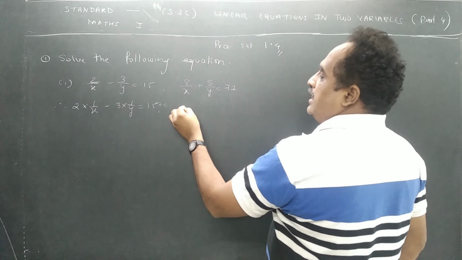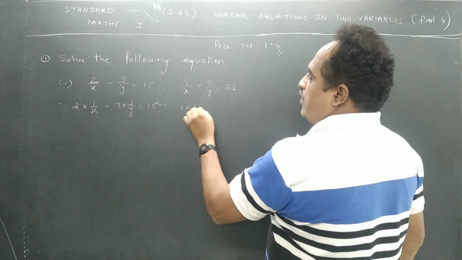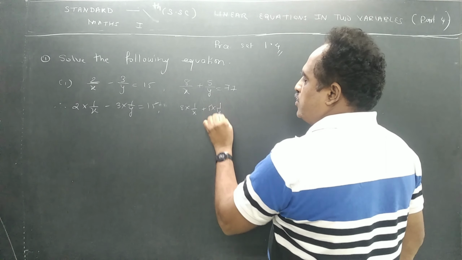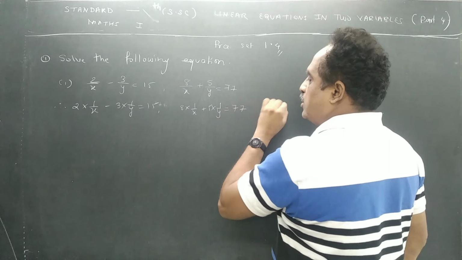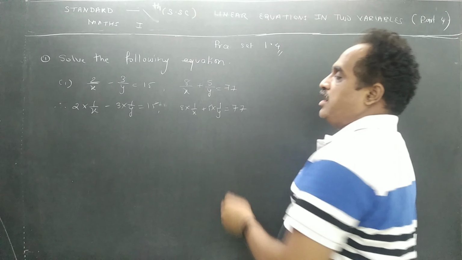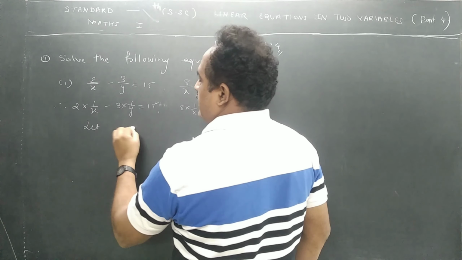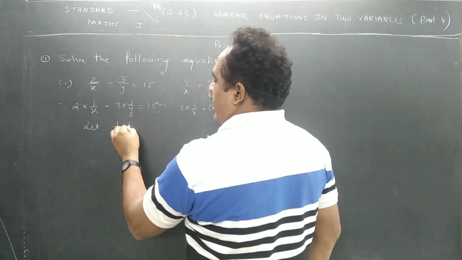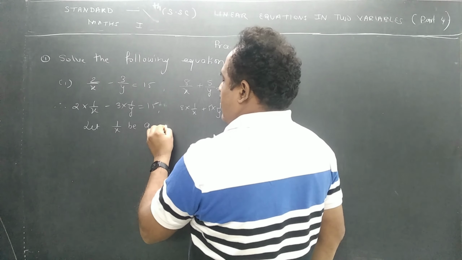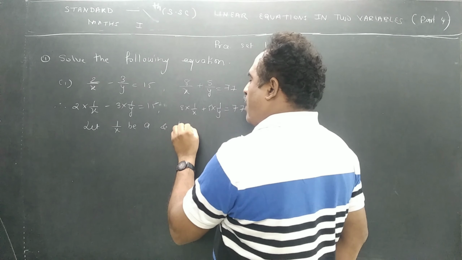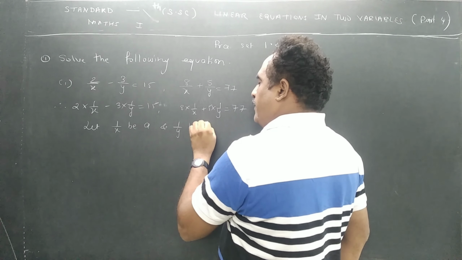Over here, 8 into 1 upon x plus 5 into 1 upon y is equal to 77. Now, we are having 1 upon x, 1 upon y, 1 upon x, 1 upon y. So, let 1 upon x be a and 1 upon y be b.